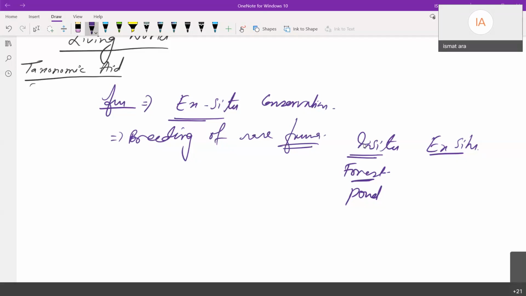This is also one of the advantages of zoological park. And third one is the place of tourist attraction. Tourist attraction means economically it is also beneficial.